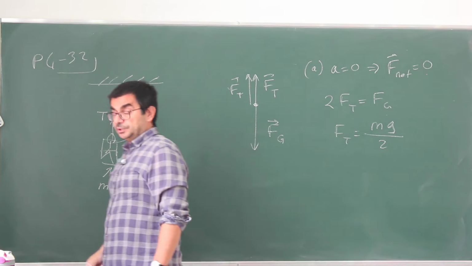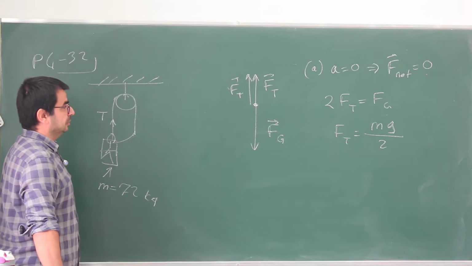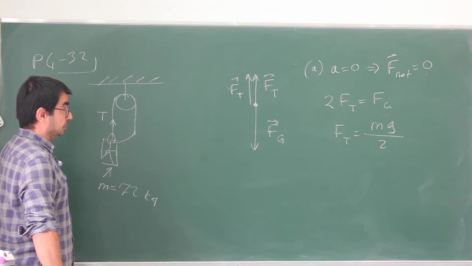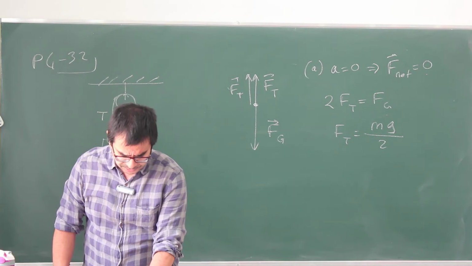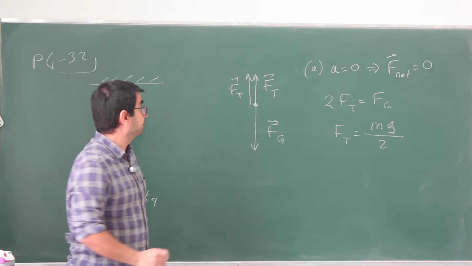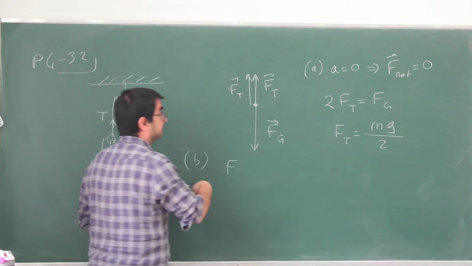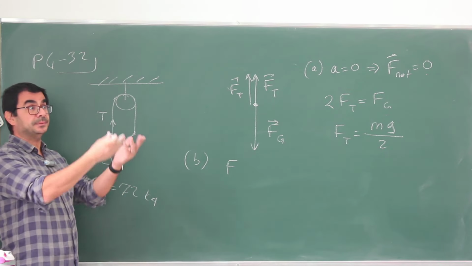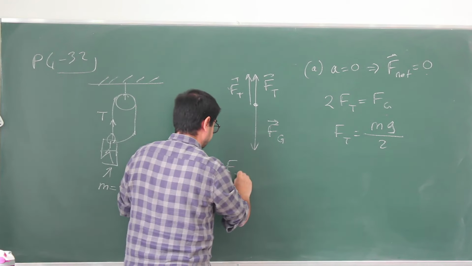So 72 times 9.8 divided by 2, whatever that is, it's going to come out in newtons if you use the correct units. Okay. Now, they're saying if she increases this force by 15%, so for part B, the force that we apply, and consequently the force applied on us by the rope, increases by 15%. Let's call this Ft prime.